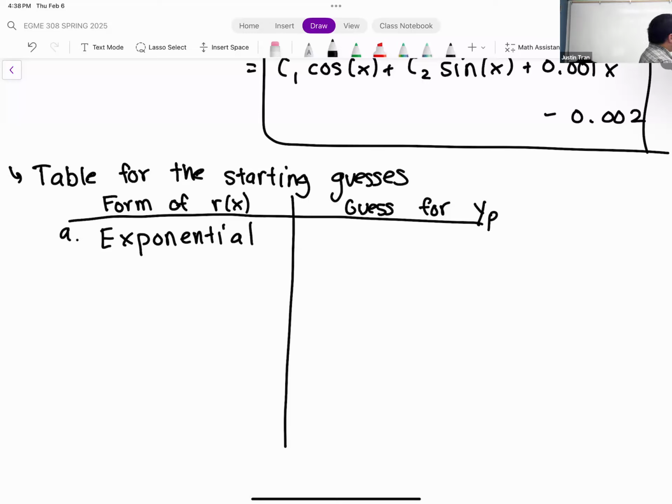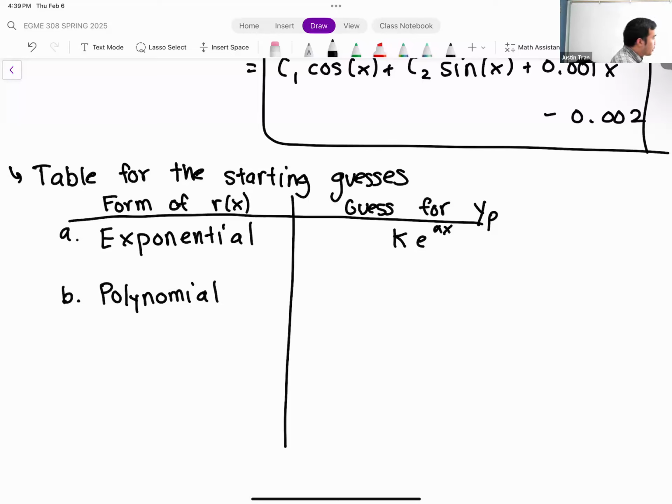If you have an exponential function, your guess for YP is going to be an exponential with the same exponent, except there's an unknown coefficient out in front. So the guess is K e to the alpha x. Usually the exponents are going to be negative, but sometimes you might have a positive one too.